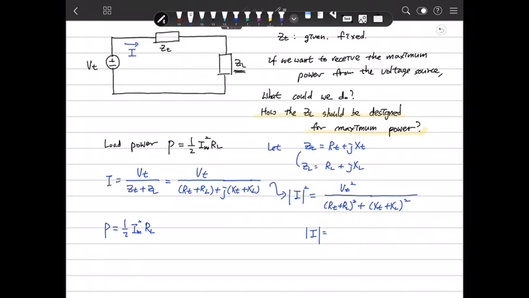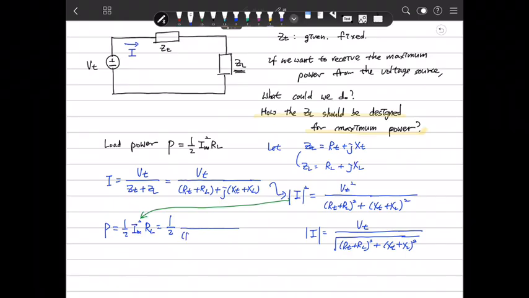So I insert that value here. So that result will be half, rewriting here, Vt square RL over (Rt plus RL) square plus (Xt plus XL) square.